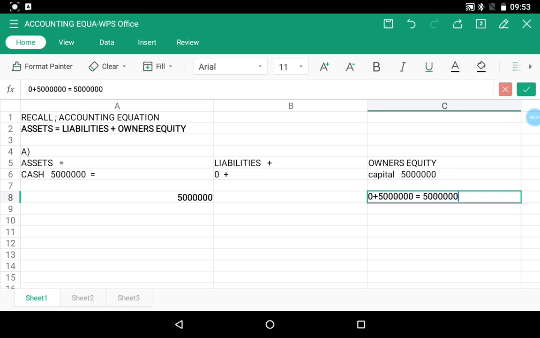So when you check here, under assets we have 5 million, and under liabilities plus owners equity we have 5 million. So our equation has balanced.